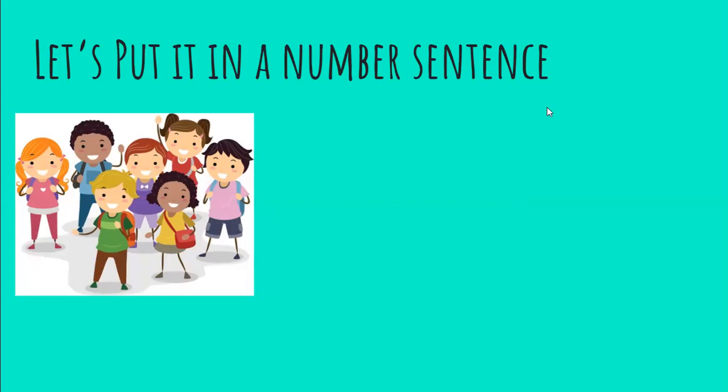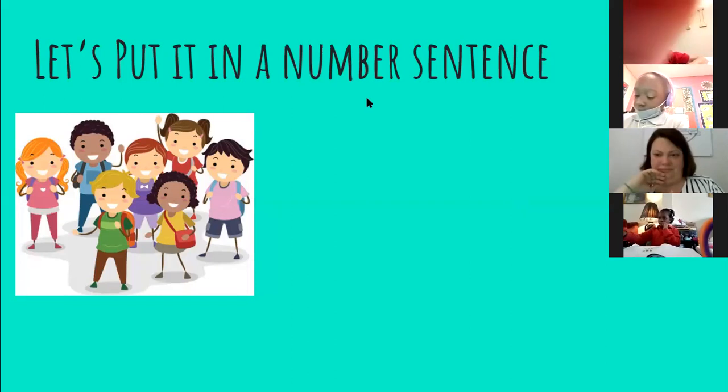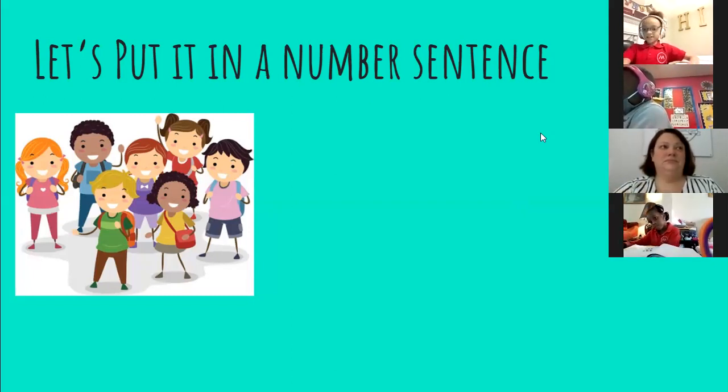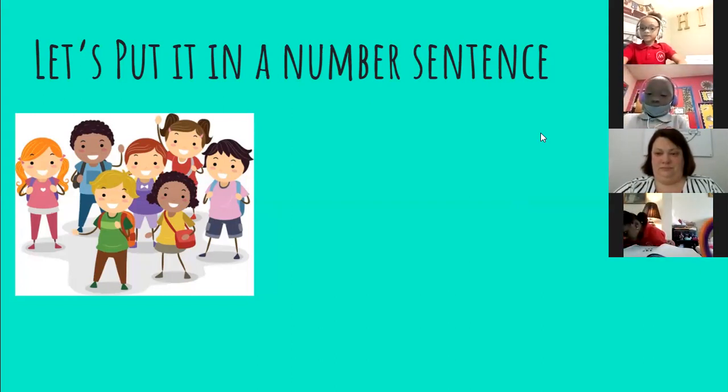All right, so let's put in a number sentence. Let me see who can help me. Chloe, are you ready? We're still talking about the green shoes and the kids without green shoes, okay? So Chloe, what could be my number sentence? Think about the kids with green shoes.